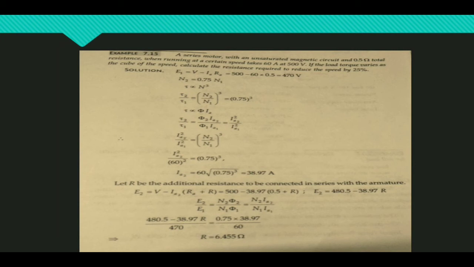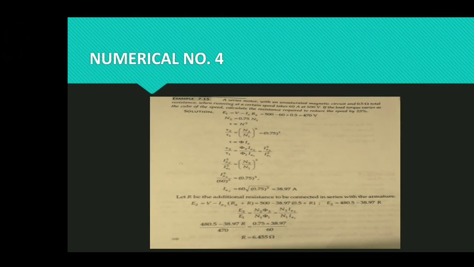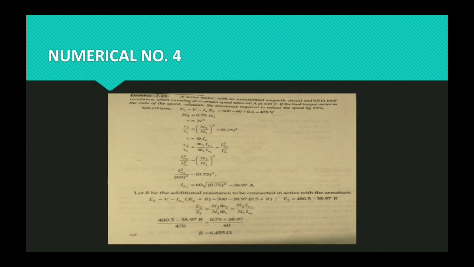Here 38.97 is Ia2 and 60 is Ia1, the armature current in the first condition, and 38.97 ampere is the armature current in the second condition, into 0.75, the value of the reduced speed. So from that equation we can write that R equals 6.455 ohm. So that is numerical number 4.